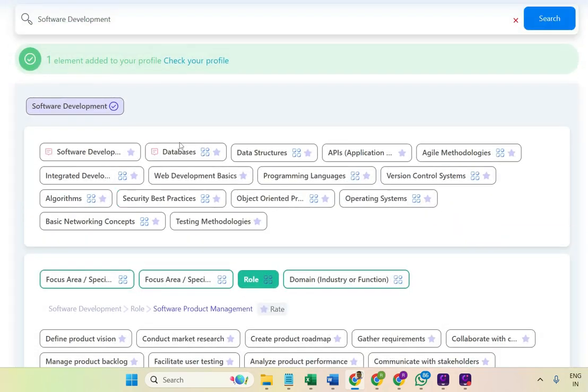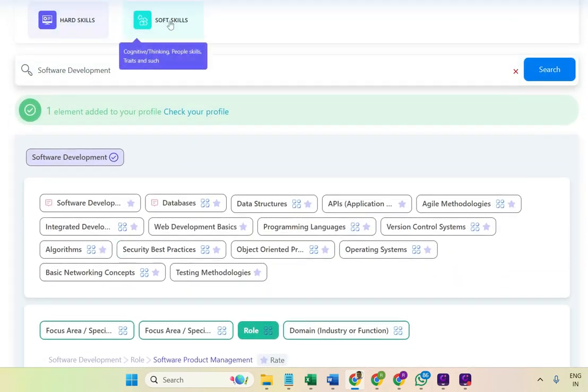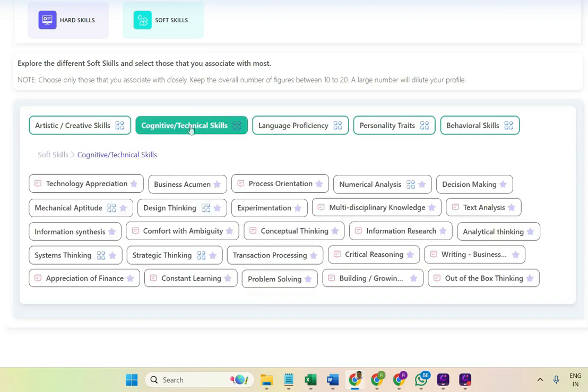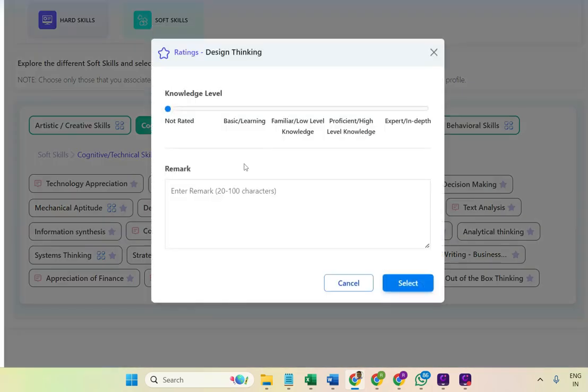Once the hard skills are captured, we have the soft skills, where we're talking about cognitive skills and other areas. For example, if somebody is going to create a skills profile for a particular position, they can also specify what skills they expect for a person. Maybe design thinking, and I want the person to be familiar.